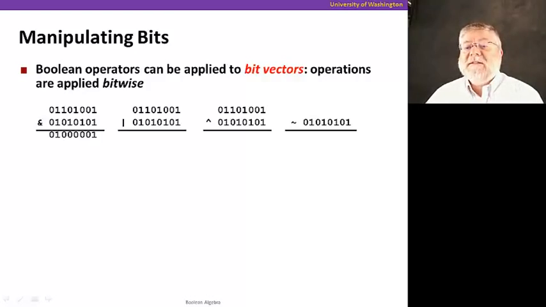For the OR case, the same values again. As long as one of them is a 1, we'd expect to see a 1 down here. So there are only 2 cases where we would end up with a 0, here and here, where both variable values are 0. Finally, for the exclusive OR, where would we expect to see zeros?